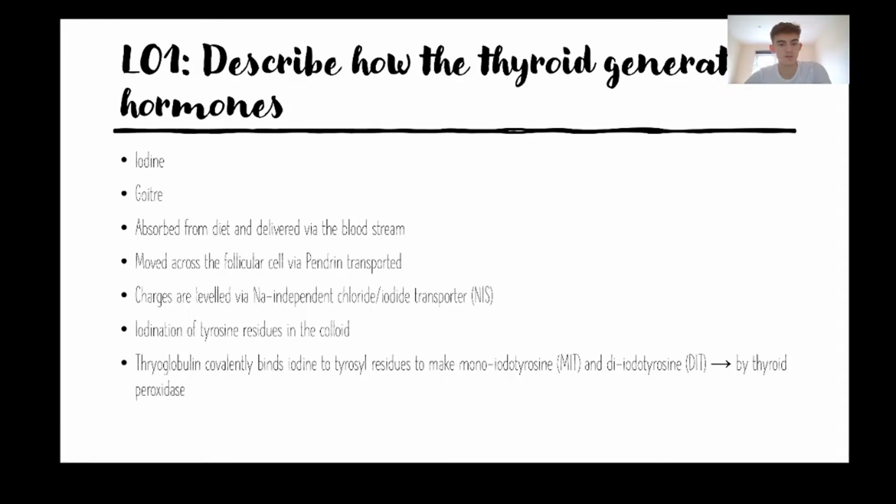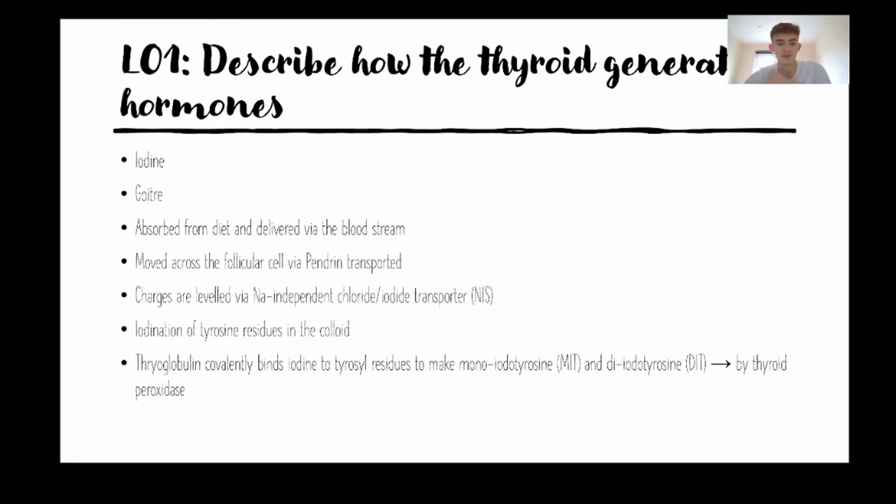We get iodine from diet via the bloodstream, and it's moved across to the follicular cell via the pendrin transporter. Because iodine is negatively charged, it makes the cell negative, so we have an influx of positive sodium ions to regulate the charge, and then when the iodine's used up, we have the sodium potassium ATPase to balance out the charge again.